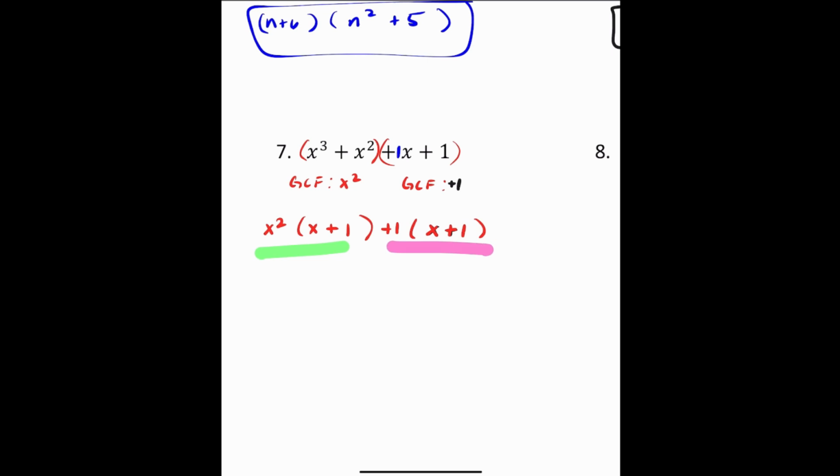What they have in common is an x plus 1, so we'll factor that out. So what's left over is the x squared plus 1. And there you go.